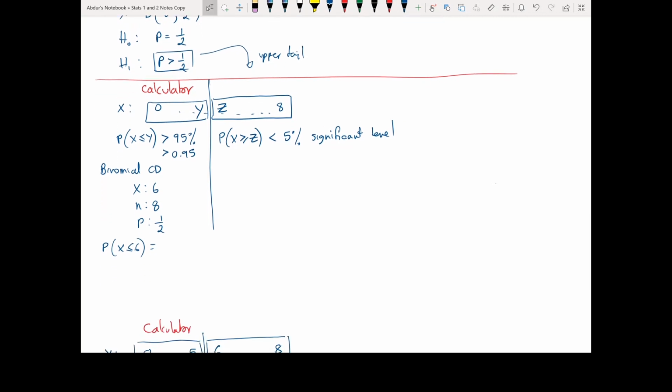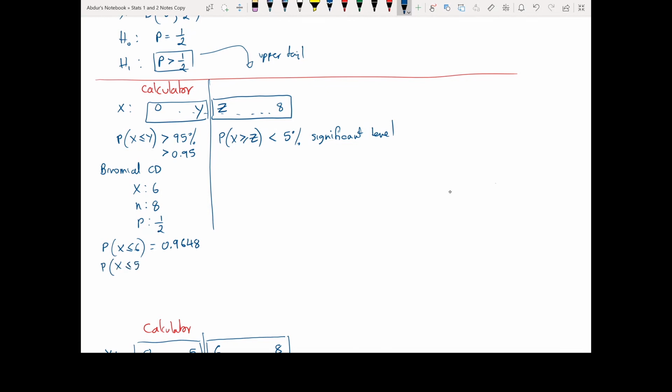So I go to my calculator, put in 6 for X, N is equal to 8, P is equal to 0.5, and this straight away gives me 0.9648. And we can see that this is greater than the 95%, which is brilliant. But could we have got that with X less than or equal to 5?